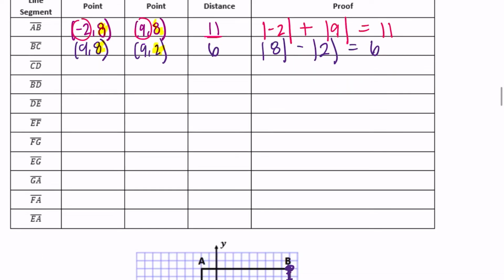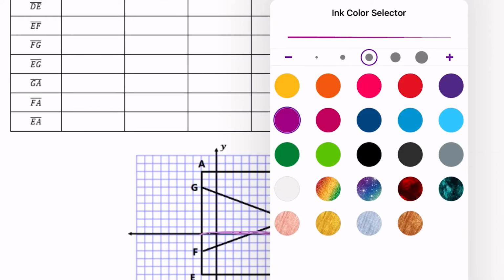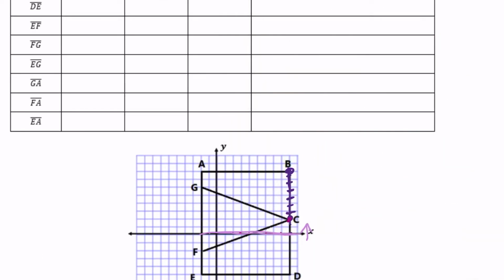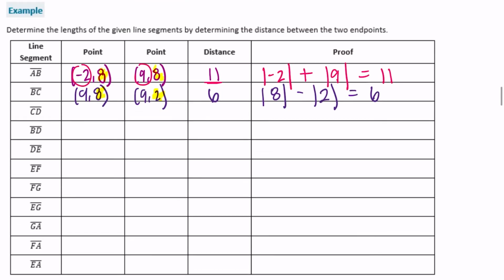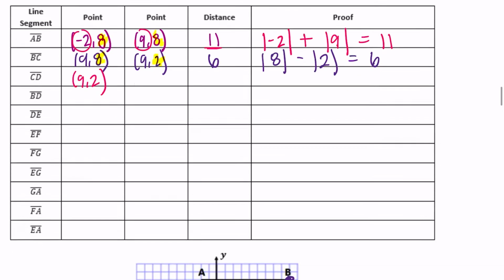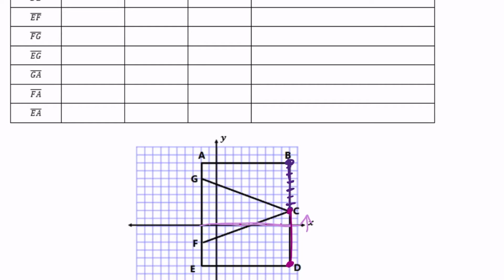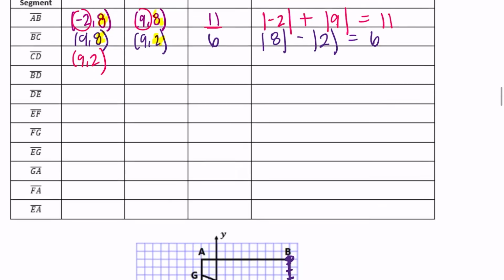So let's do CD. So CD is right here. Let's find, so C is 9, 2. And D is located at 9, 1, 2, 3, 4, negative 5.